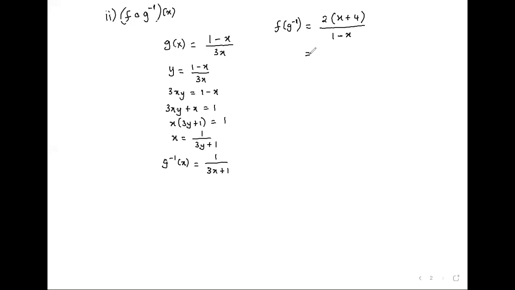So again, where there is x, we put g inverse, which is 1 over (3x + 1): 2 times 1 over (3x + 1), plus 4, over 1 minus 1 over (3x + 1).